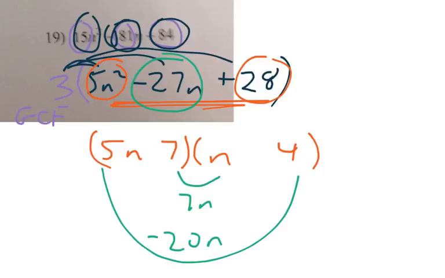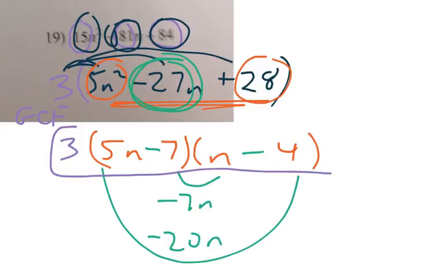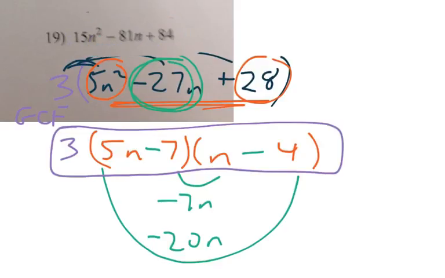Yeah, if I make them both negative, I'll have a negative 20 minus 7, which of course is negative 27. So all I need to do is make these both negatives. And not only do I have that part factored, but now guys, don't forget the 3 in front. And this right here is the complete factorization of our original problem up here. So pause the video and see if you understand all the steps I made.